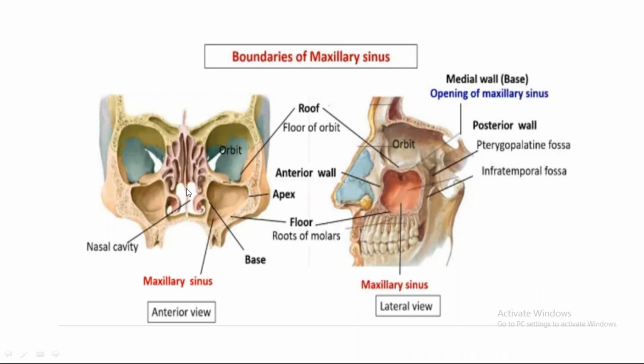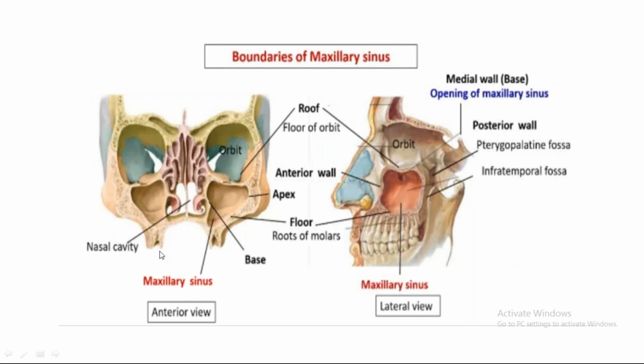Now this is the coronal cut. You can see this is the superior wall which forms the floor of the orbit, and this is the lateral wall which is related to the cheek, and this is the medial wall which is related to the lateral wall of the nose, and this is the floor.